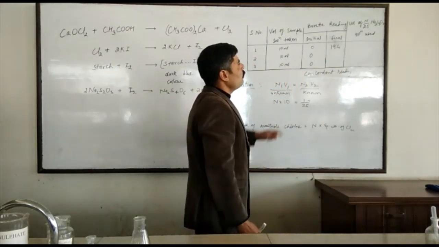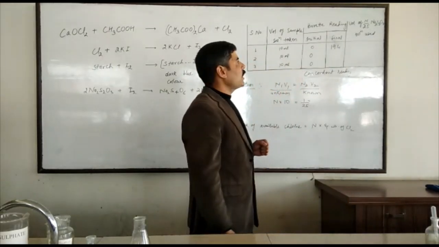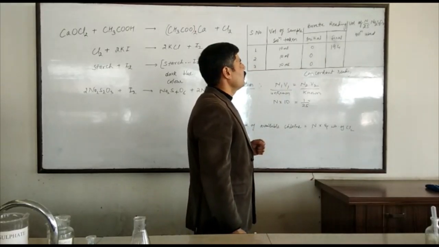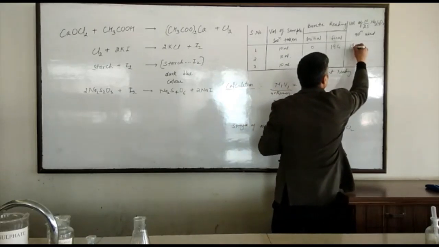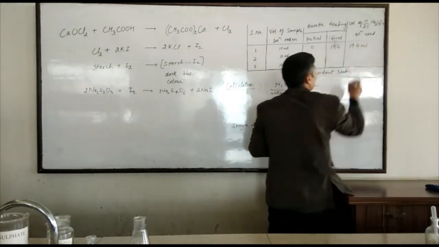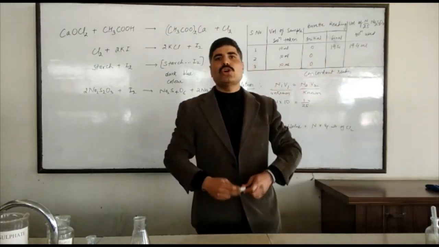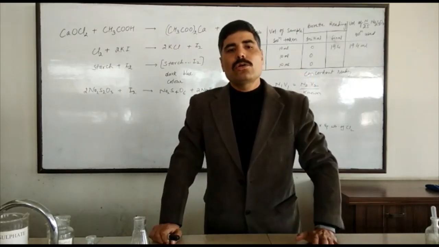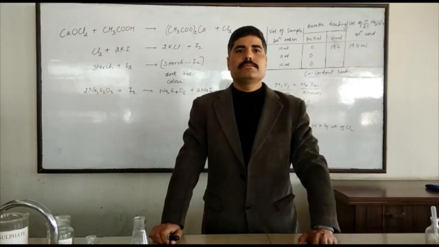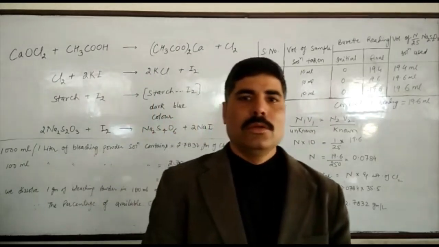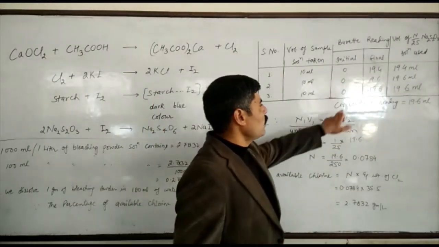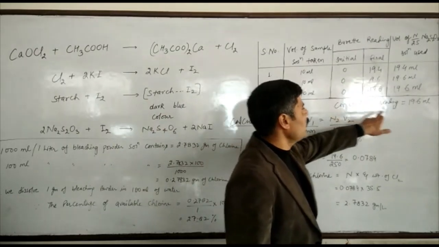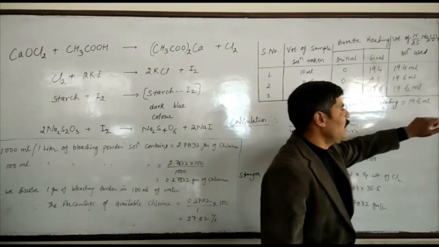So the volume of N/25 sodium thiosulfate solution used is final minus initial, and we get the volume, that is 9.4 ml. And we have to do the same job 3 times to get the concordant reading. After doing the same job 3 times, we get the concordant reading, and the concordant reading is 90.6 ml.